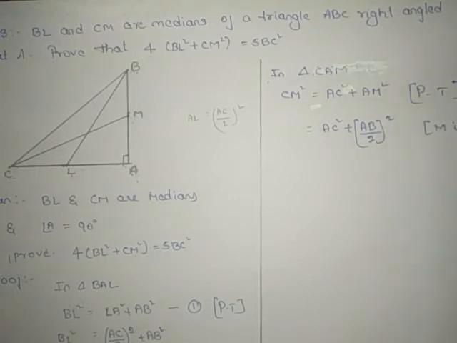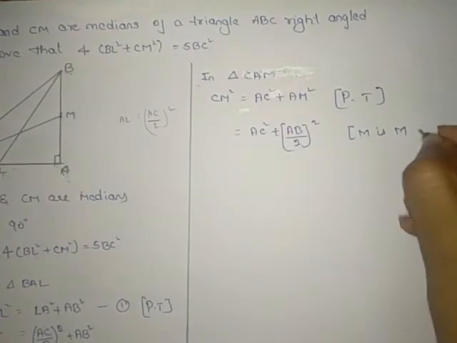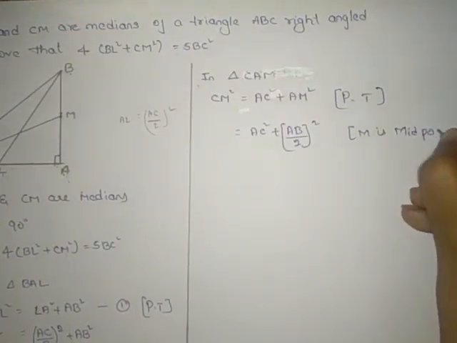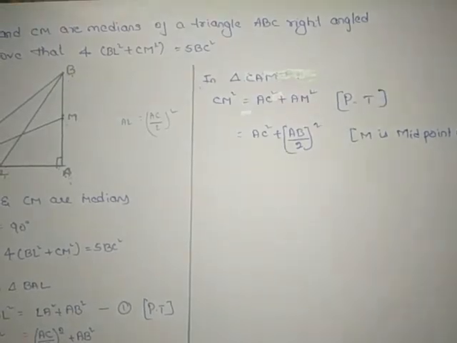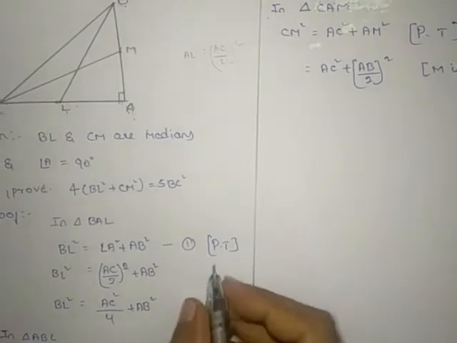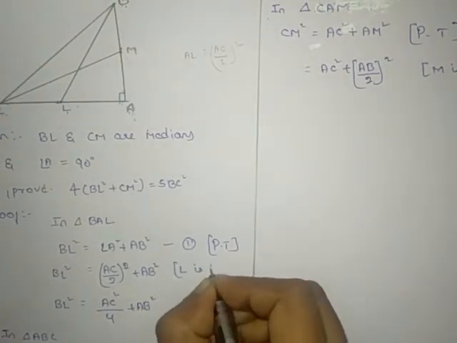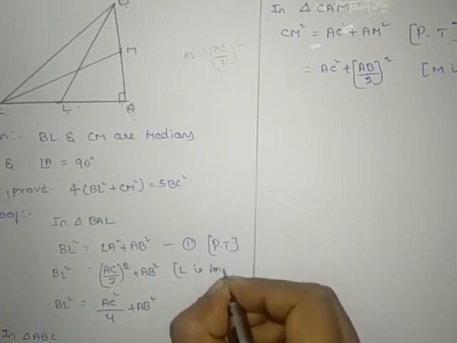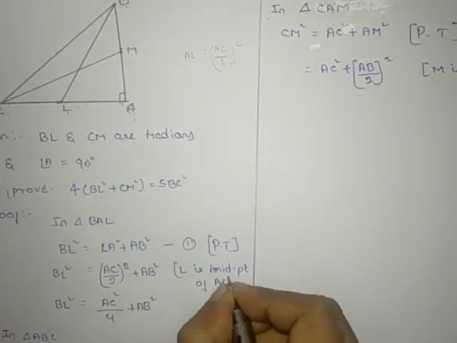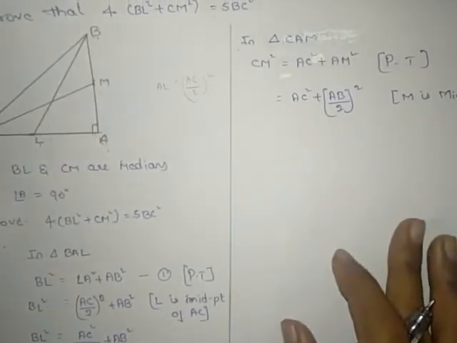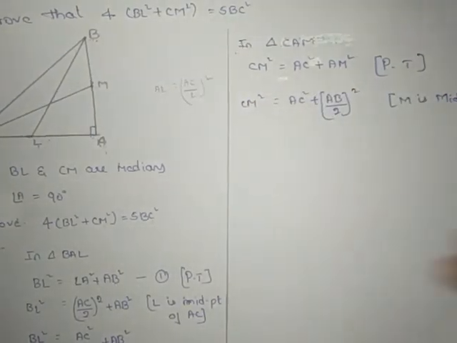M is midpoint of AB. And here also you can write, L is the midpoint of AC, right?